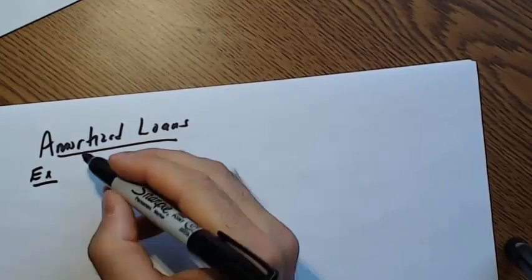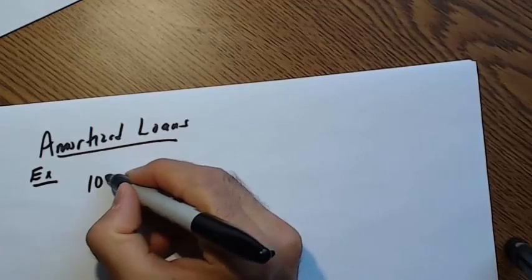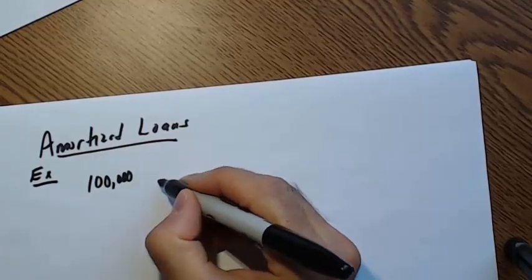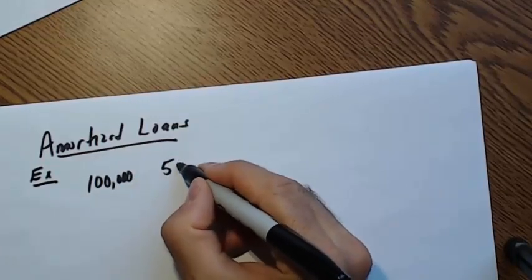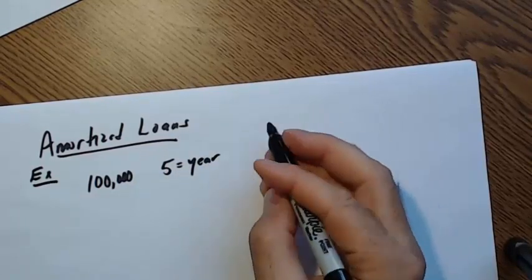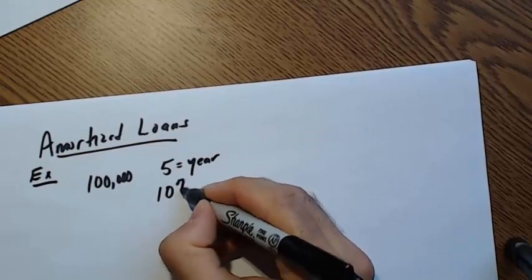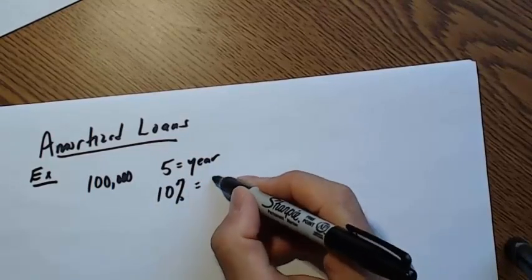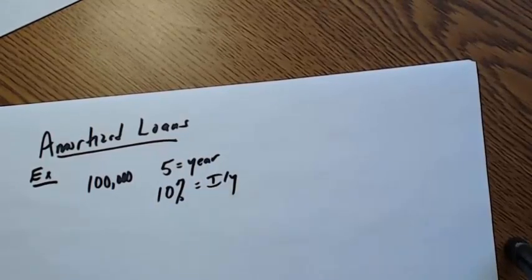Okay, here's the example. You're going to borrow $100,000 for 5 years. N is 5, with a 10% mortgage, 10% interest rate. And this is going to be annual now. I'll steer away and go to annual as much as I can so that you get the intuition.